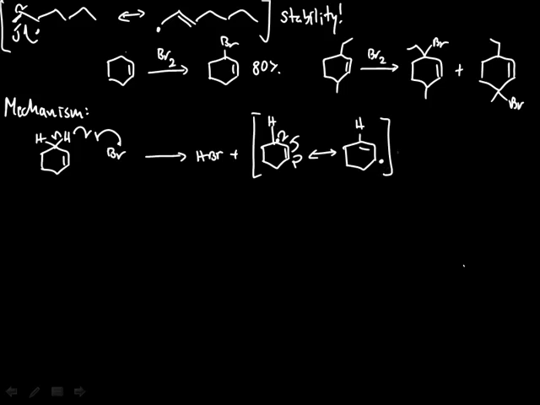Now, an important point to note here is that either of the two resonance structures can react with another molecule of bromine. The first one will give us this compound, plus Br dot, while the second one will give us this, which in this case is the identical compound, but this could be a different compound. In those cases, we'll refer to such a product as an allylic shift. So in cases when our resonance structures are asymmetric, we can get two products by two different resonance structures reacting.